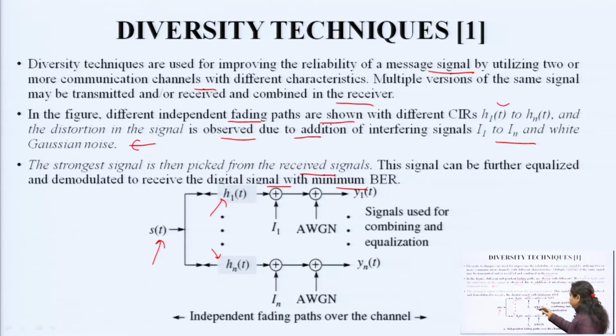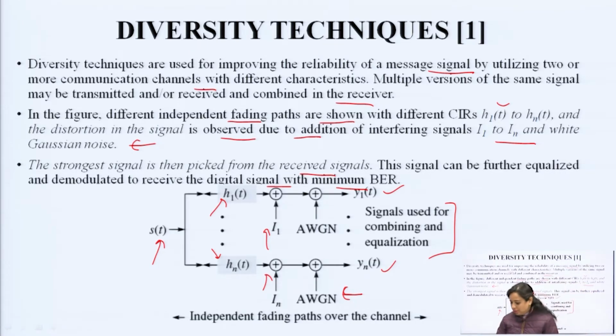These are the different interferences added at this side. This is AWGN, additive white Gaussian noise, and these are the different received signals, Y1T to YNT, used for combining and equalization.